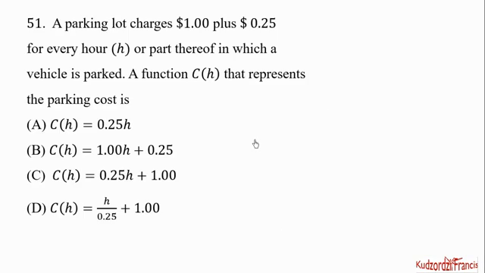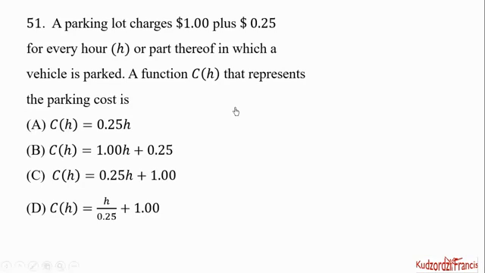Now for the 51st question, we have a parking lot charges $1 plus $0.25 for every hour or part thereof in which a vehicle is parked. A function C of h that represents the parking cost is.